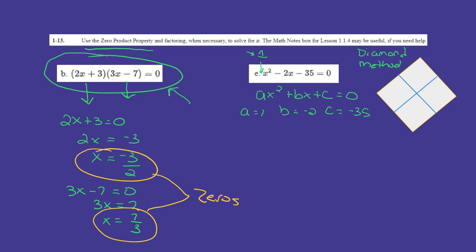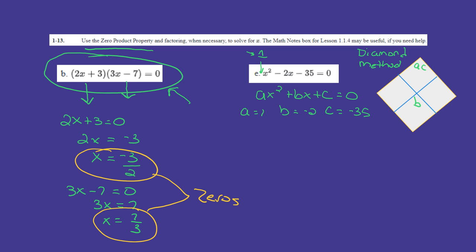So when I'm doing the diamond method, I want to put A times C in the top box, and I want to put B below. And this is just a graphic organizer to help you factor anything that has a leading coefficient of 1. Now, if you can't factor it, then you're going to have to use the quadratic formula, but these are factorable, and I want to be able to teach you that and help you with that.